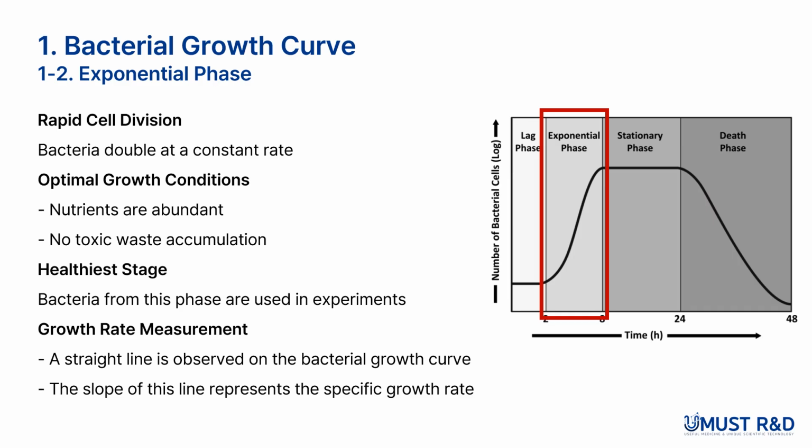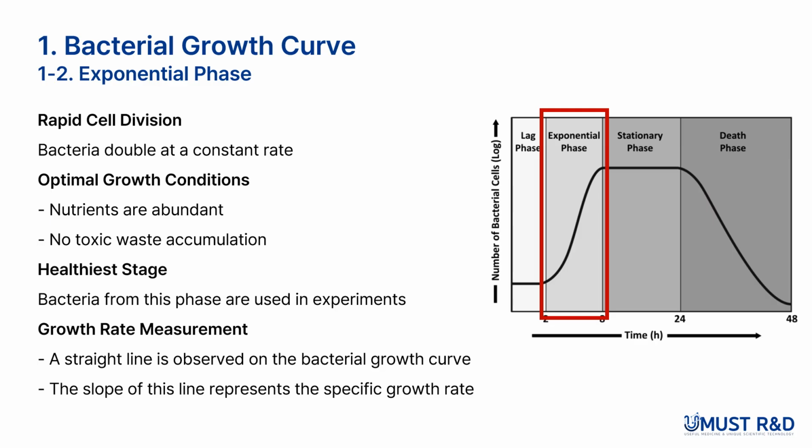Following the lag phase, bacteria enter the exponential phase, also called the log phase, where they divide rapidly. The bacterial population doubles at a constant rate. This phase continues as long as nutrients are available and waste accumulation is minimal.